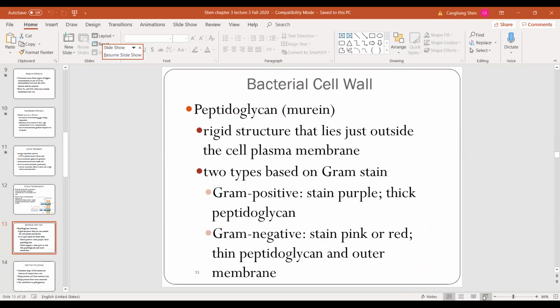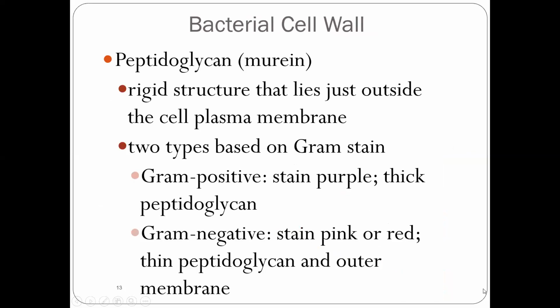Okay, now this is a bacterial cell wall. We already mentioned the gram stain. Based on the bacterial cell wall, we can determine two types of bacteria, gram positive and gram negative.